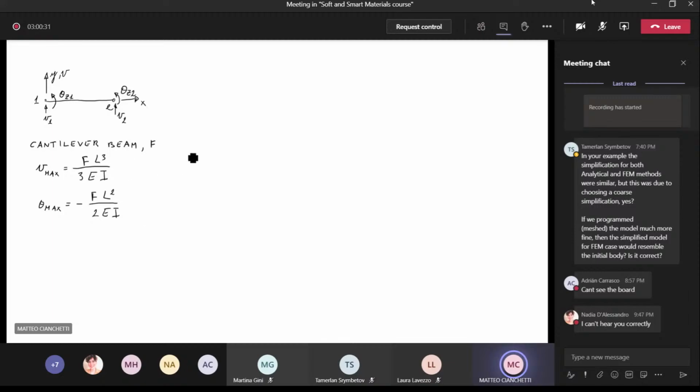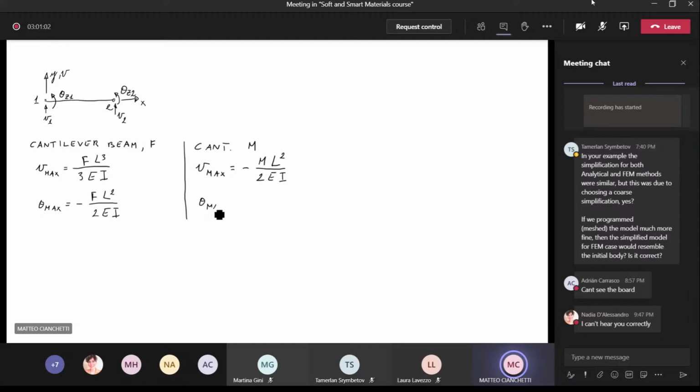This is about the force. Of course, we also have a set of equations that define what happens in terms of moments. So the maximum deflection that you can find in a cantilever beam is defined by the moment applied multiplied by the square of the length, on 2 E I, elastic modulus times moment of inertia.